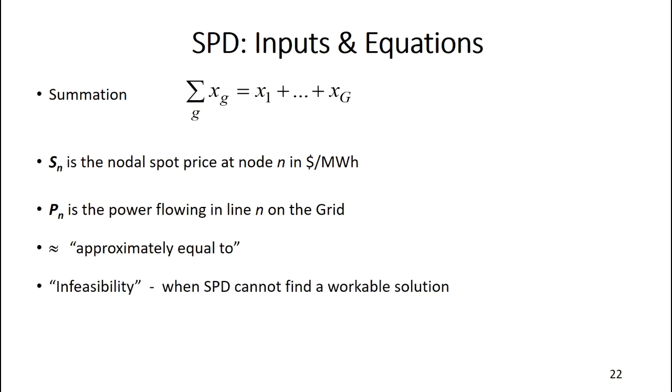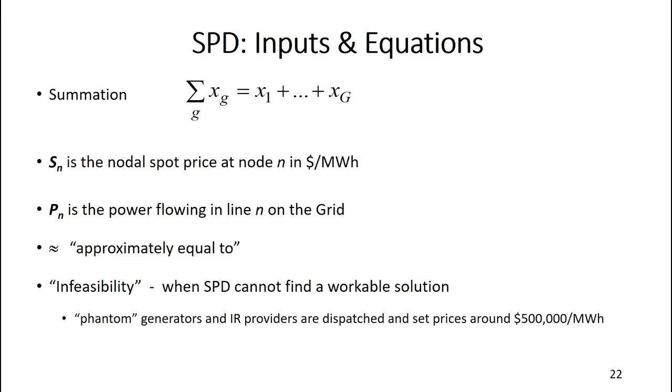And here's a term that you need to be familiar with, infeasibility. This is when SPD cannot find a workable solution to the problem of minimising the cost to purchasers. This typically means that there's some constraint on the dispatch which simply cannot be satisfied. Now, what happens in this case is that there are phantom generators and reserve providers within the SPD model which are dispatched during an infeasibility.